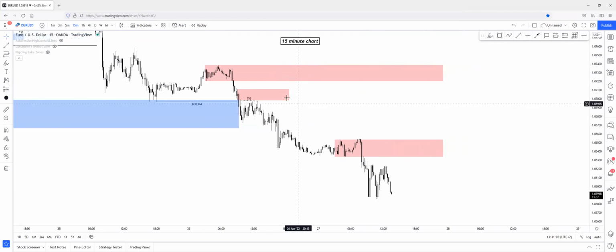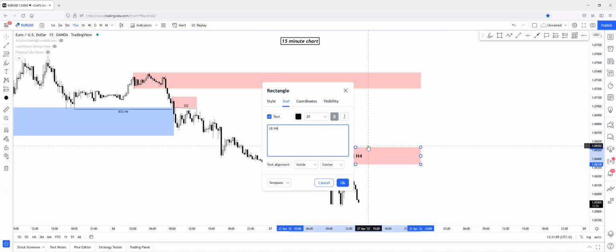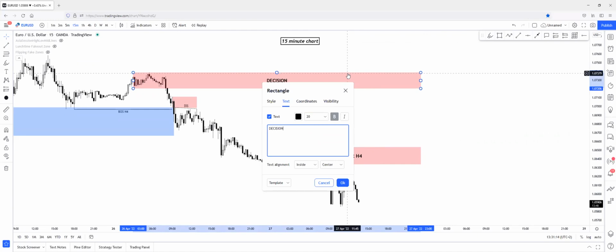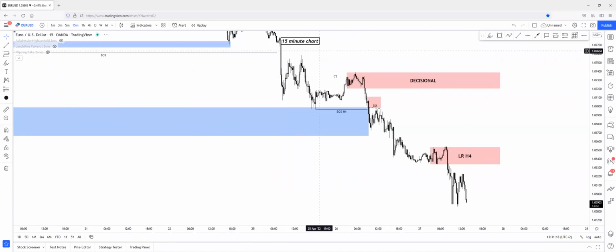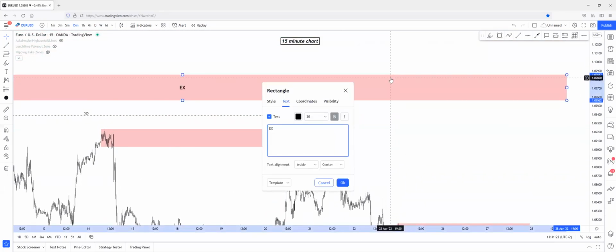Okay, remove this one too. So this was the last recent 4-hour zone. Where's the extreme? This is the extreme.